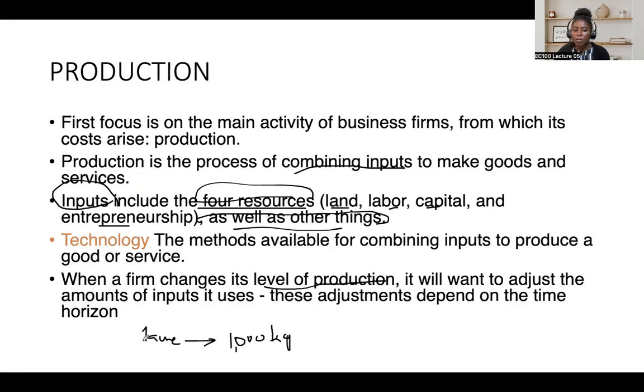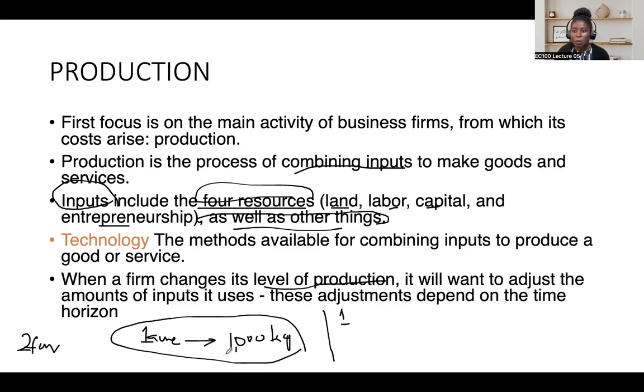You've just started farming, so 1 acre is 1,000. So this is your level of production. You're using 2 farmers, let's say, in this 1 acre farm, and the size of the land is 1 acre. So you've just started, so maybe in 1 year you have a crop rotation of harvesting.